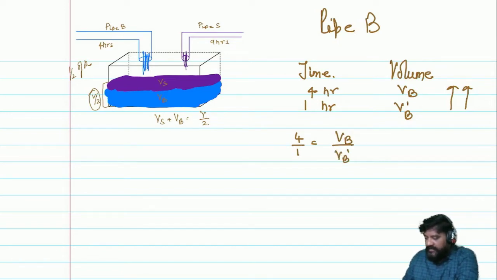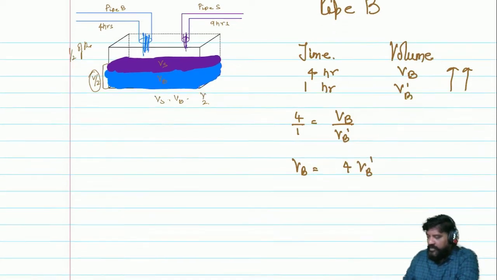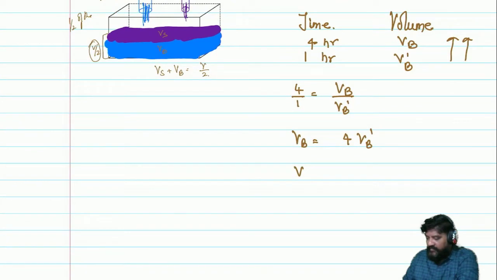From here, I can identify that the amount of water that this fills is 4 VB1. Or I can say the amount of water it fills in 1 hour, VB1, is VB divided by 4.